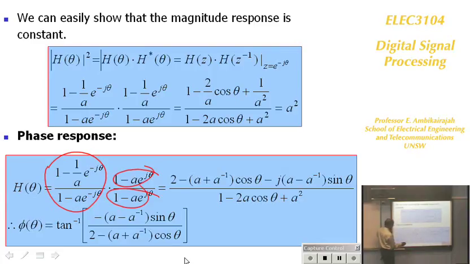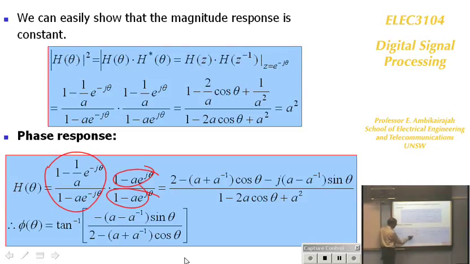And I think here there's an error. What's the error here? Minus. Yeah, you don't need to do the complex conjugate. You can just do it this way as well.